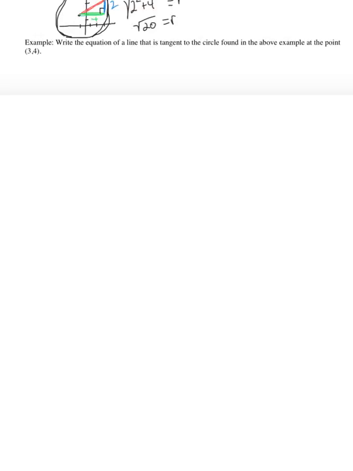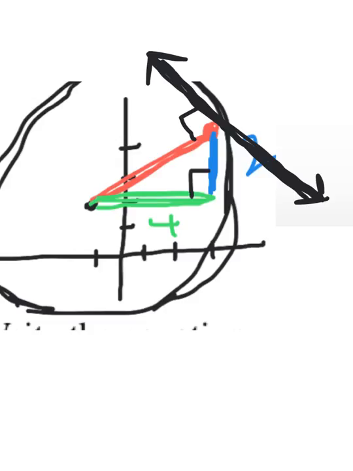So let's go ahead and use the circle above. I'm going to go ahead and copy it over so that you can see it again. Okay, so for this problem, we're actually looking for the equation y equals mx plus b for this line that is tangent to this point on our circle.